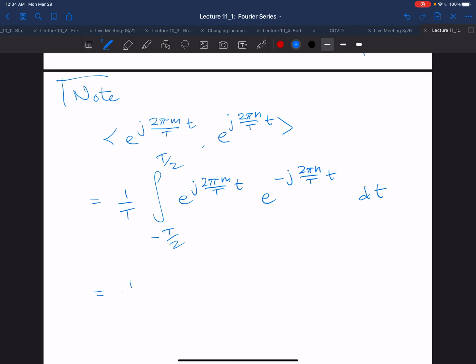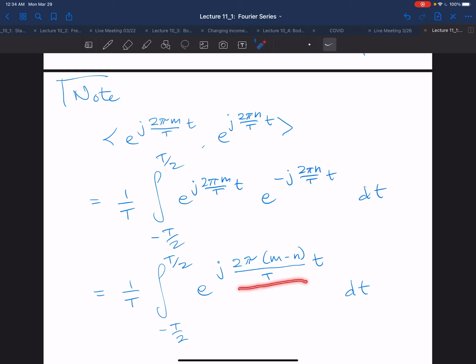So all we're doing is integrating over an integer number of periods e to the j 2 pi (m minus n) over capital T t dt. We're integrating this again over an interval equal to capital T. That capital T is an integer number of periods of this function.